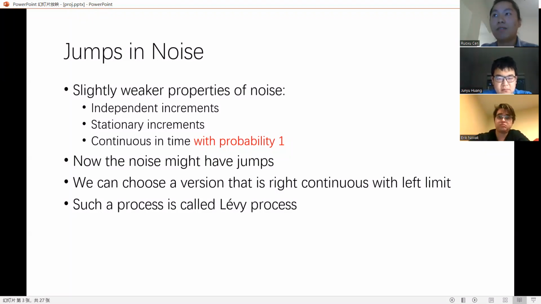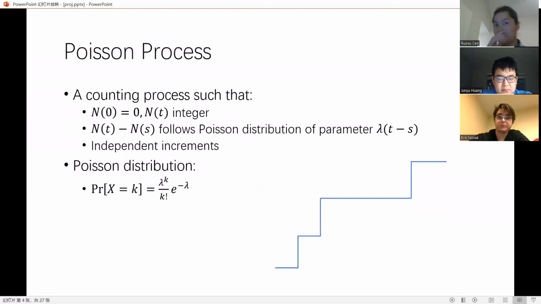So let's first look at the simple case of a Levy process. This is a Poisson process. It is a counting process starting from 0 and taking integer values. The increase from time s to t follows a Poisson distribution with parameter lambda times (t minus s).